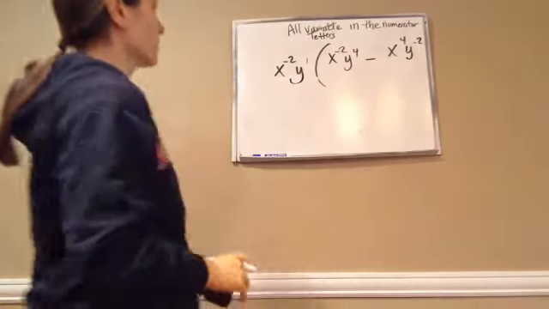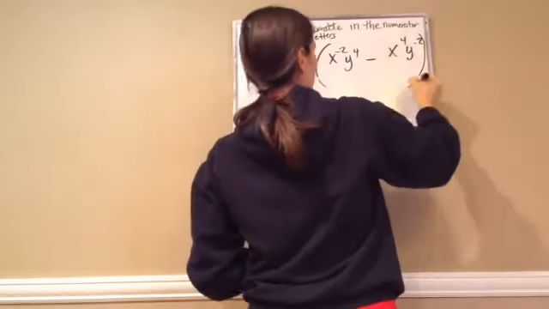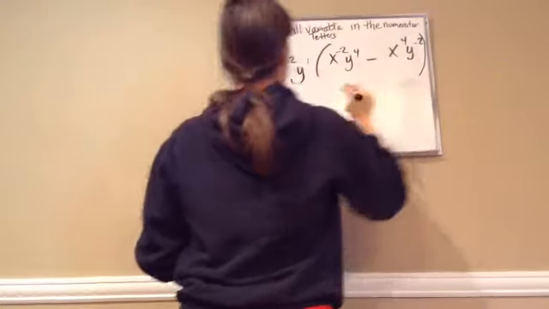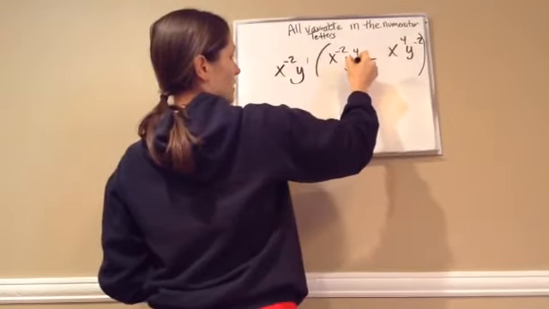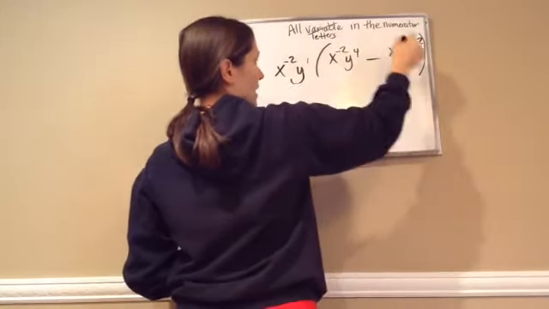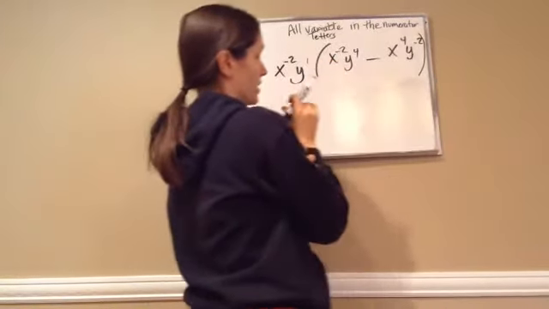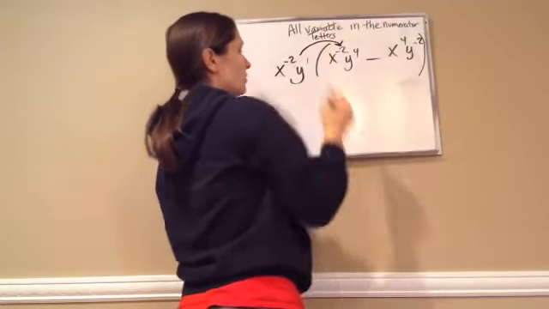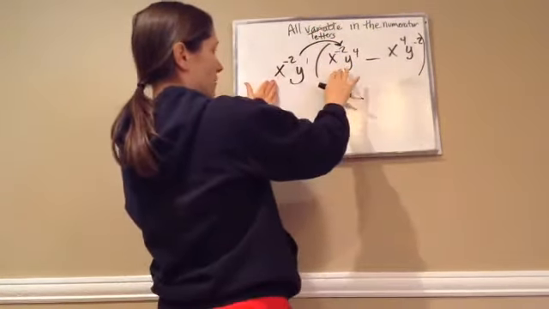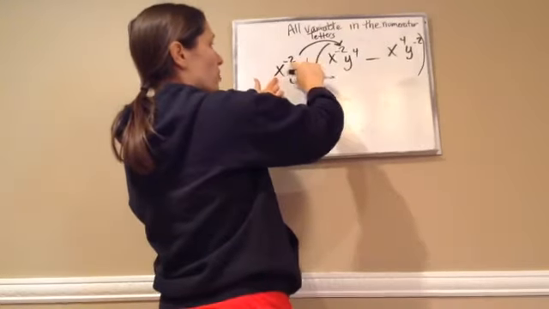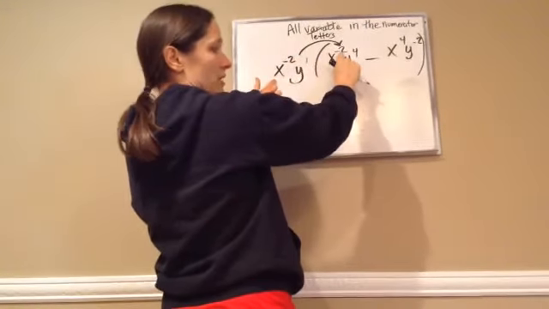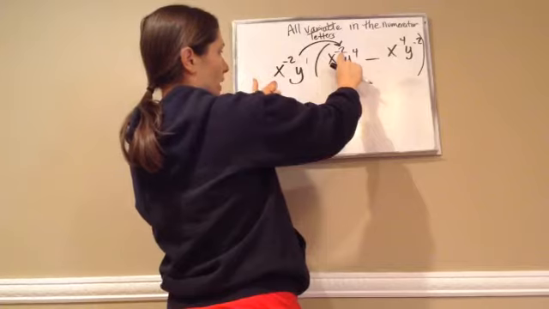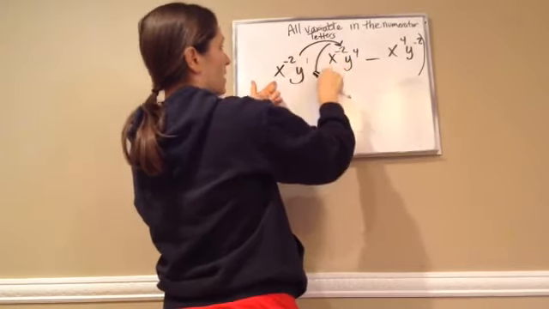And now I'm going to delete this 1, I just realized, because we want all numerators. Okay, so now basically what I'm doing is multiplying this times this, and then minus this times this. Hopefully you remember, and I had you write at the very top of the beginning of this lesson, that we're going to multiply this times this. Now, whenever you multiply exponents, what am I actually doing to the exponents? Adding them.